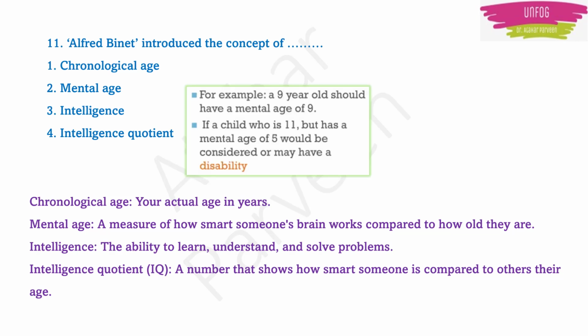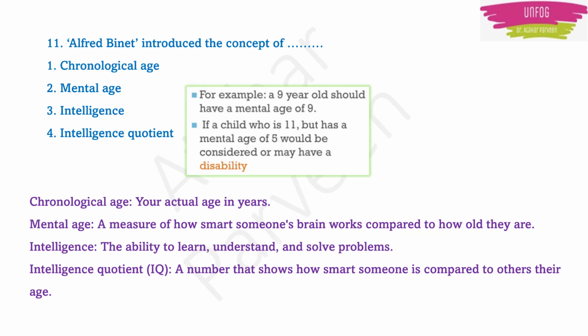For example, if you are talking about a 9-year-old child, the child should have a mental age of 9. If the child is 11 years old but has a mental age of 5, then that child will be considered disabled or may have some disability. So a 5-year-old child will have a mental age of 5, a 9-year-old child a mental age of 9, and an 11-year-old child a mental age of 11 only.